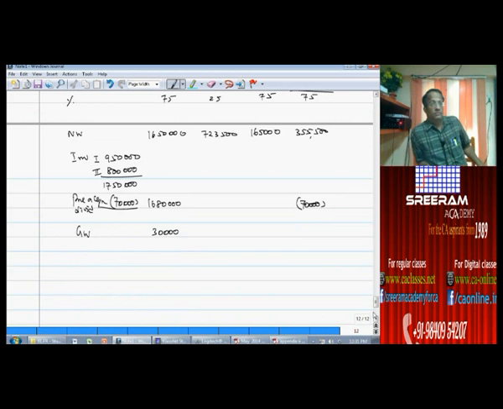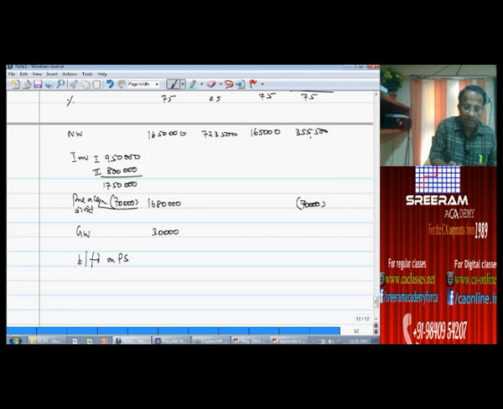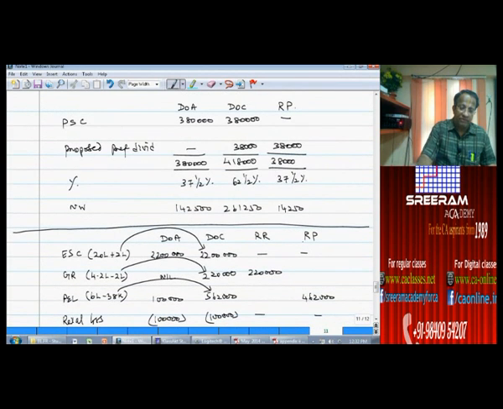Correct? Shall I proceed? Then, brought forward on preference share capital. We have done at the top, no? Now you got to pull it down. What we had?